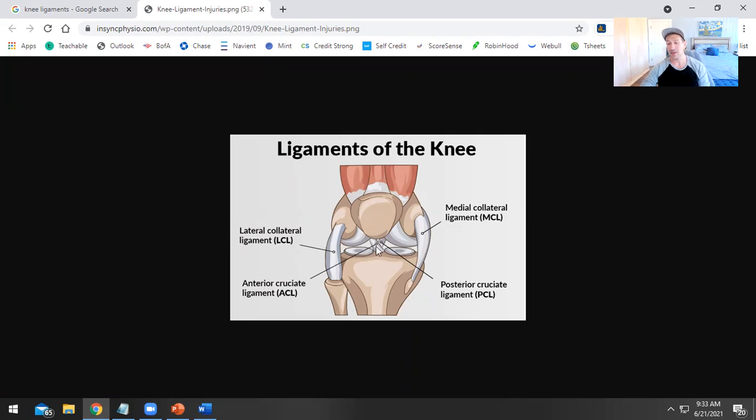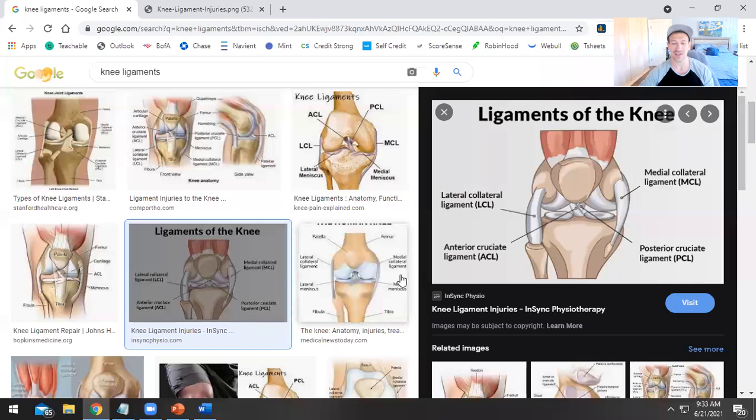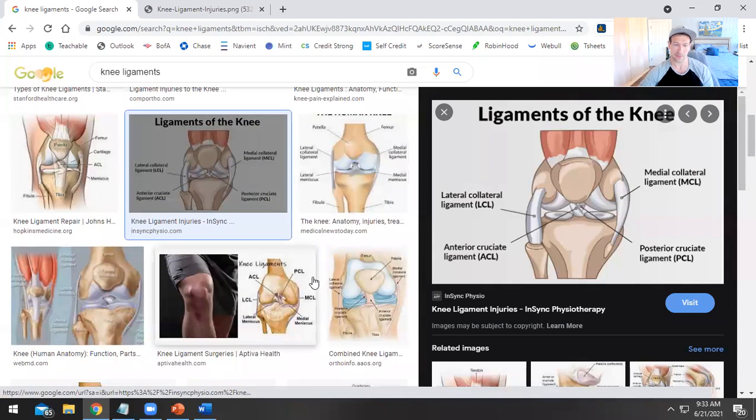Now, it can happen in the PCL as well, but it's way more rare. The PCL is also a little thicker, which is why it's a little bit more able to handle the stress. But also, that's not a direction that people make a lot of strong cuts into because your other knee's in the way.